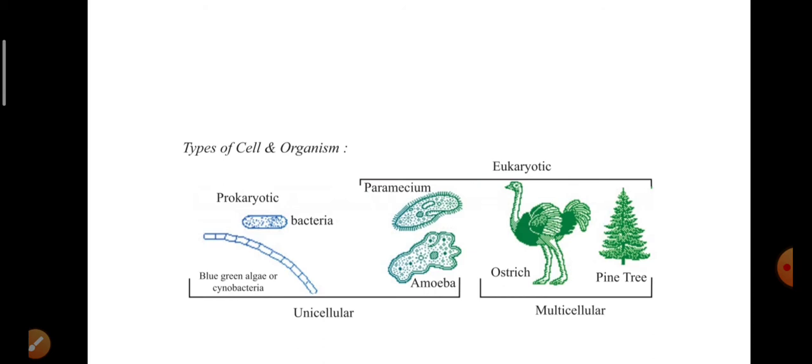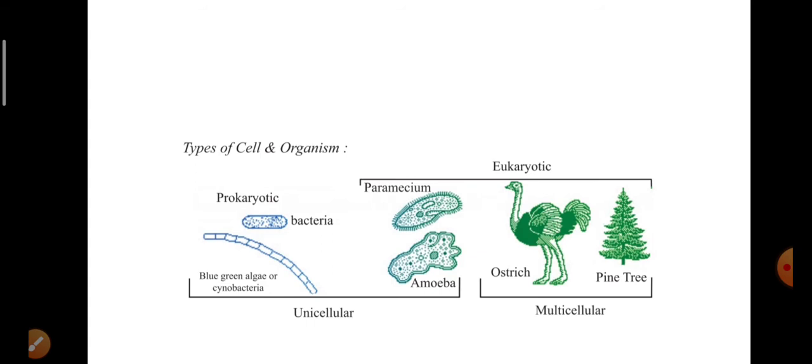The single cell is called unicellular. Some other organisms consist of cells numbering from a few to billions. Such organisms are called multicellular. For example, algae contain a few cells to a few hundred cells. Most plants and animals consist of several million cells.